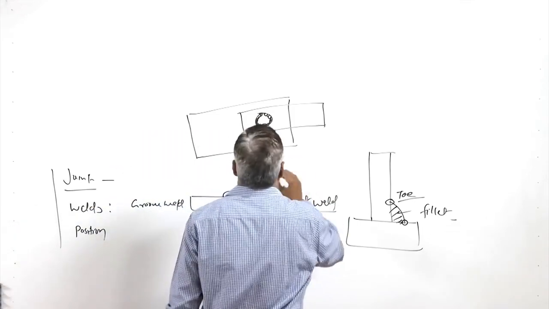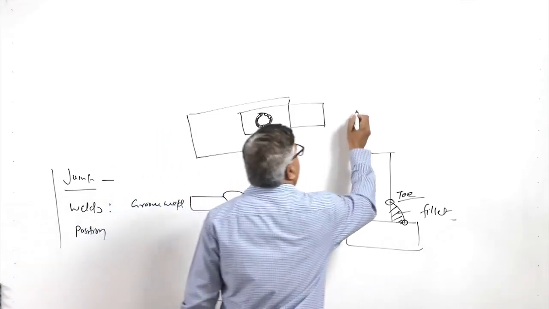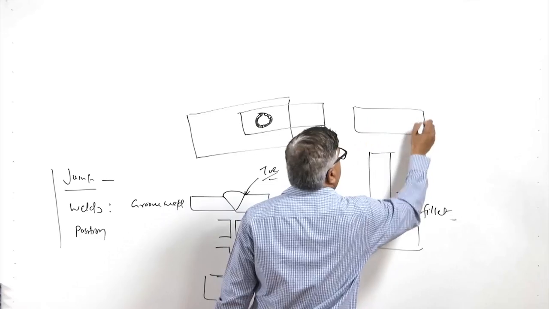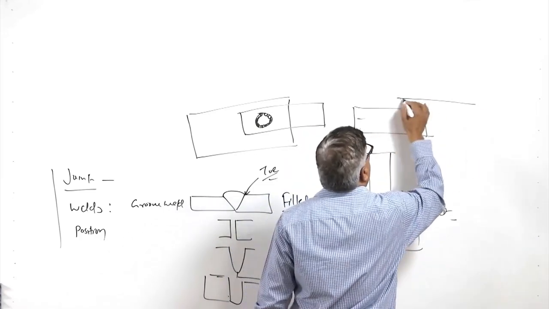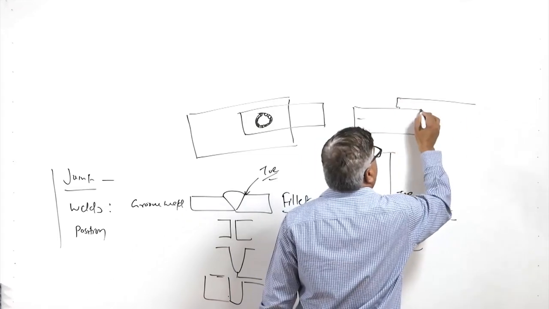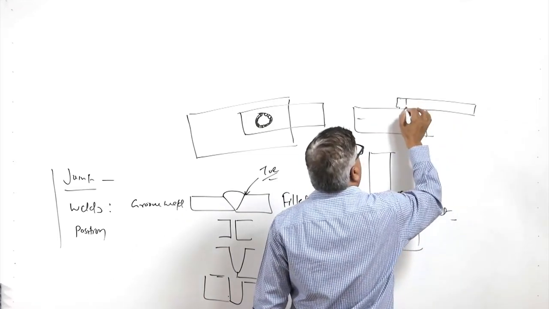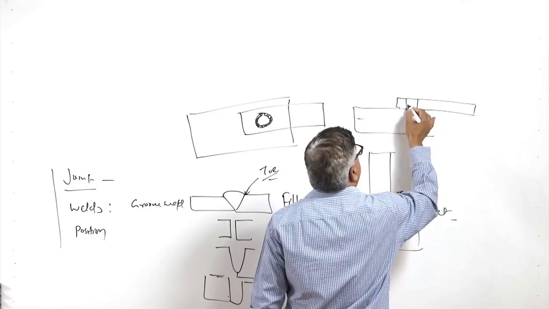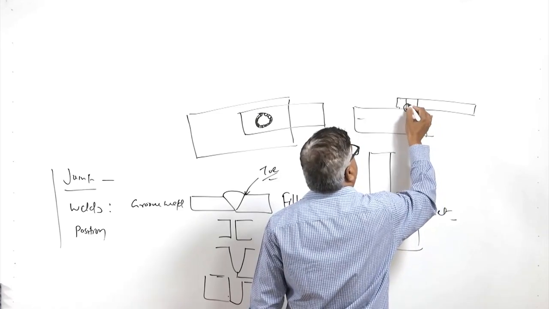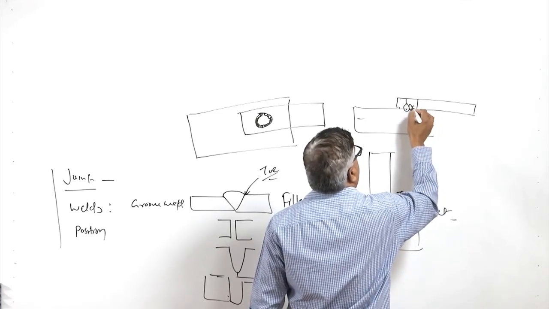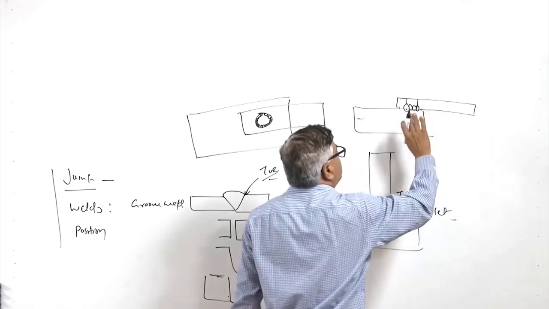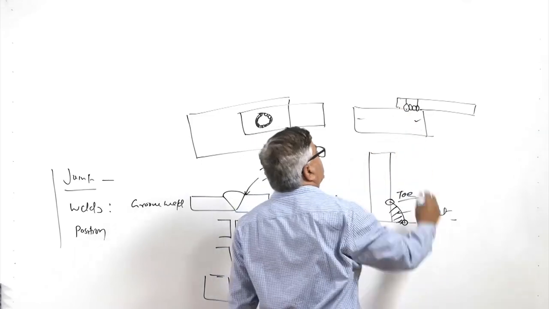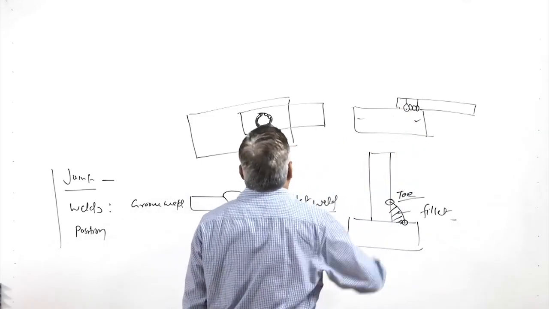If we see the same thing in the front view, this is the top plate and the hole was made like this. So, the weld will lead this way all around the periphery. So, the melting of the lower plate as well as some portion of the top plate is achieved all around the periphery.